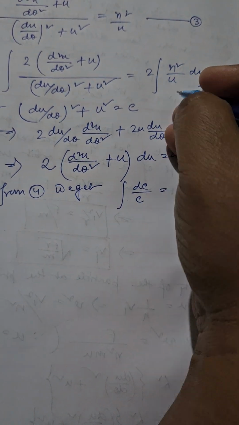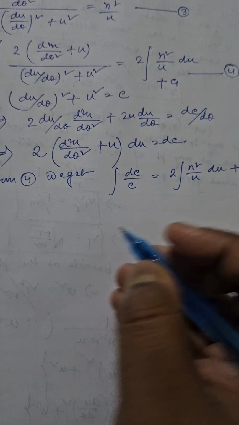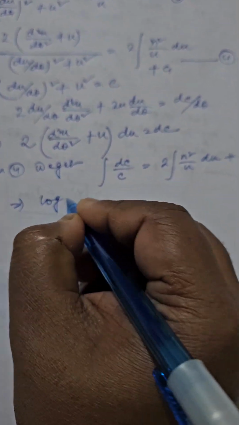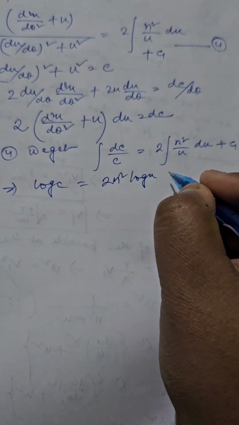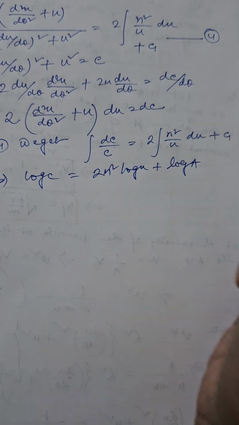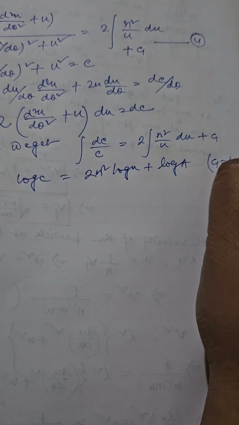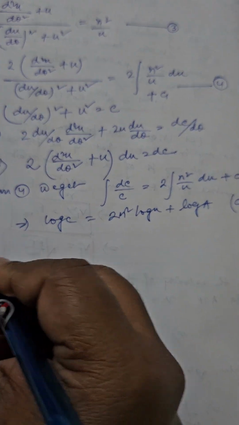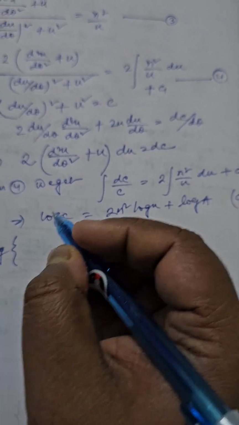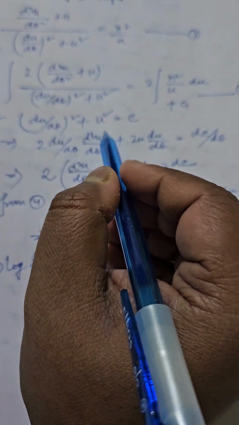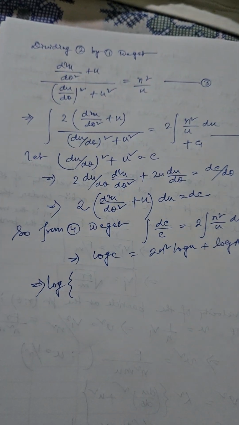Obviously you have integrated, so you can consider some constant c1. So log c after integration equals 2n square log u, and for convenience I have taken this c1 equal to log of a new constant A, and that means you can say log of c, as per our substitution, c is equivalent to (du/dθ) whole square plus u square.